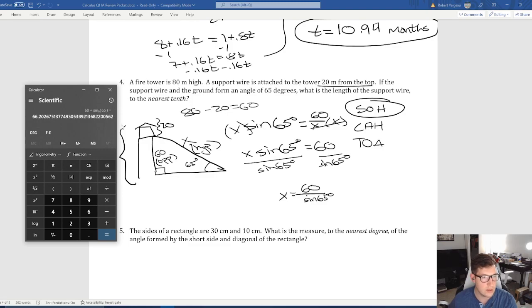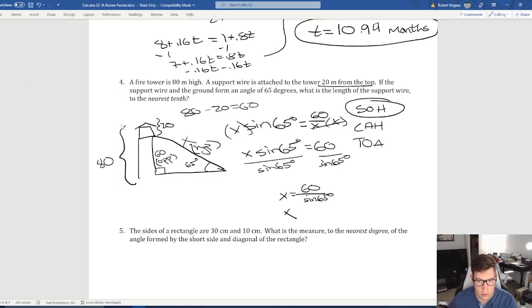So x equals 66.2. Let's double check our units: meters. Again, a way to get easy points is to include your units, and a way to lose easy points is to not include them. So remember, 66.2 meters.